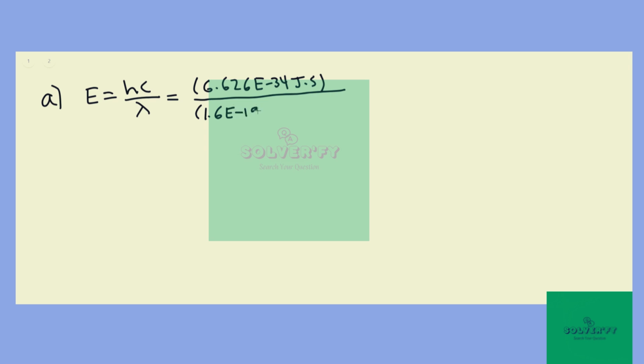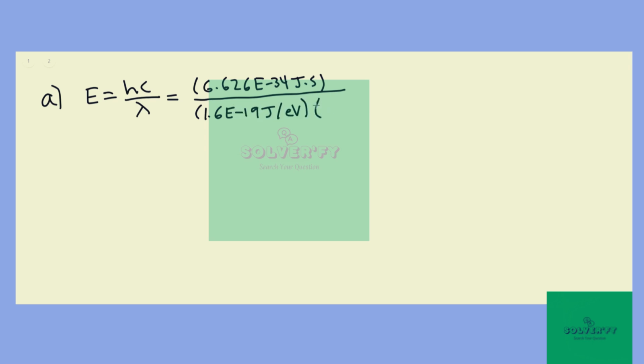So starting off, we'll get the energy of a photon, which is simply hc over lambda. We know lambda, we know h, we know everything. Let's get the result in eV. We take 6.626 e to the negative 34 joule seconds, and divide by 1.6 e to the negative 19 joules per eV.